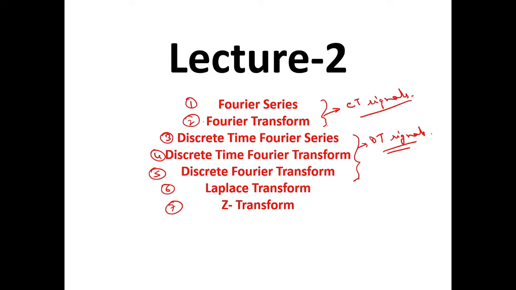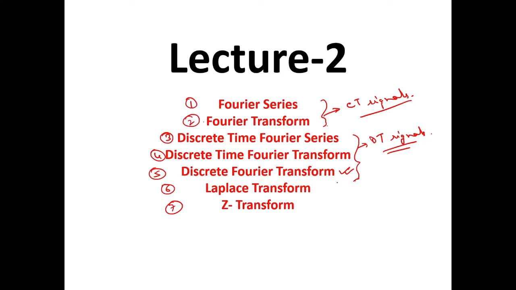Among these three transforms, the most utility is for the discrete Fourier transform. We will see why this is so. Because if you see in our practical applications, we hardly use analog signals.